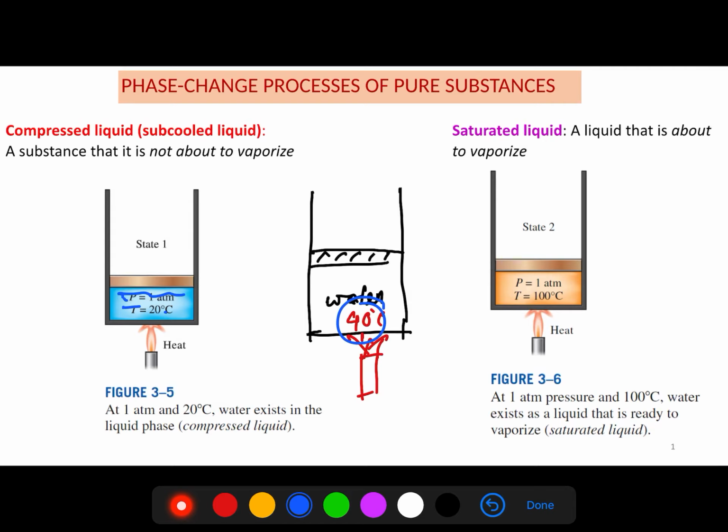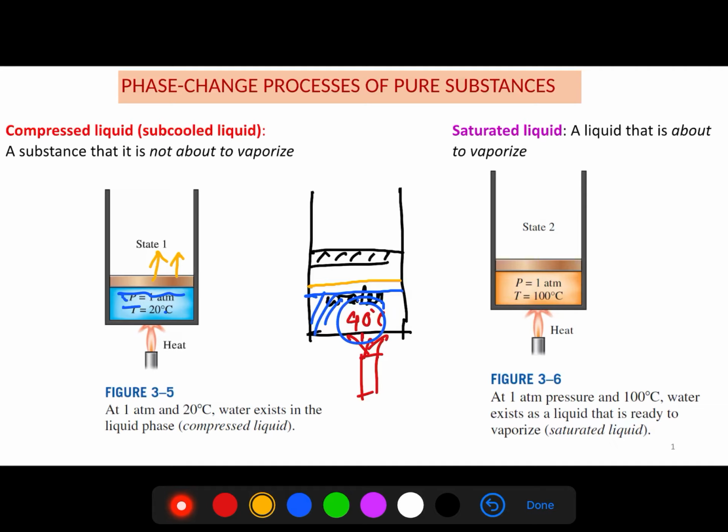This drawing is not good. Initially the temperature at 20 degrees was this, so we can experience a little expansion. Water will expand, and to accommodate this expansion, the piston will rise a little bit at 40 degrees centigrade. It will move slightly.